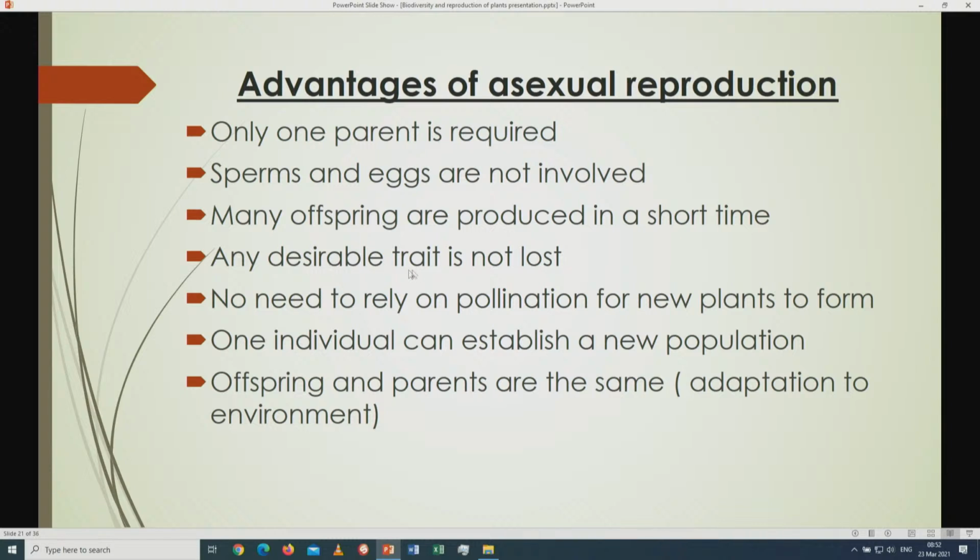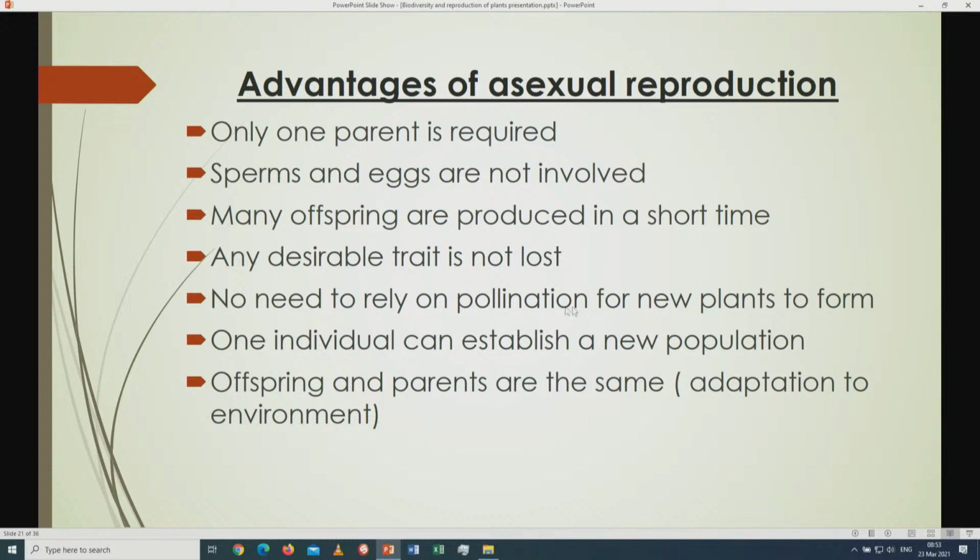And then another advantage is that any desirable trait is not lost. For instance, if you want to grow big potato tubers, when you put one big potato tuber in the soil, it will produce the big potato tuber offspring, meaning that the desirable trait there is not lost.